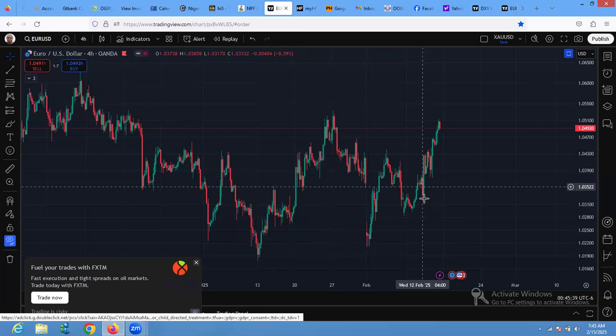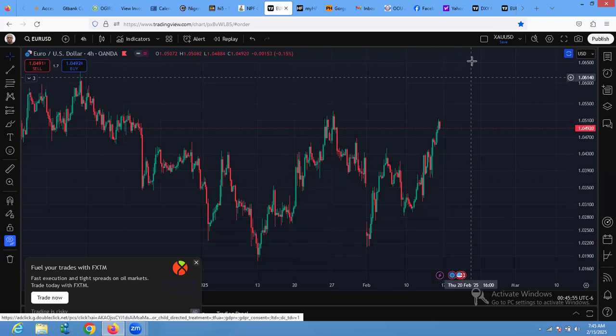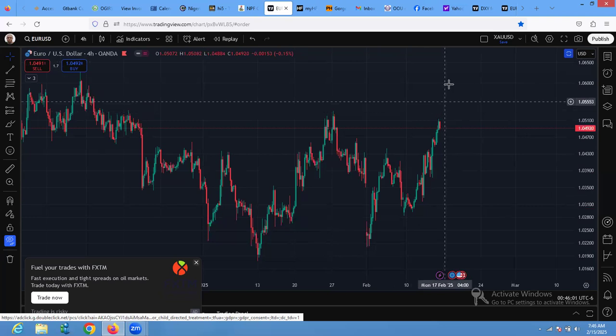A 1 and a 2 here with this wave now, a 1 and a 2, and this is the third wave, and we need to see how this third wave is going to break the immediate trend here to signal the end of this particular third wave, to give the fourth wave, the fifth wave, and come back for a deep correction. So we are approaching the break of this top, or anyhow, we are going to get that.